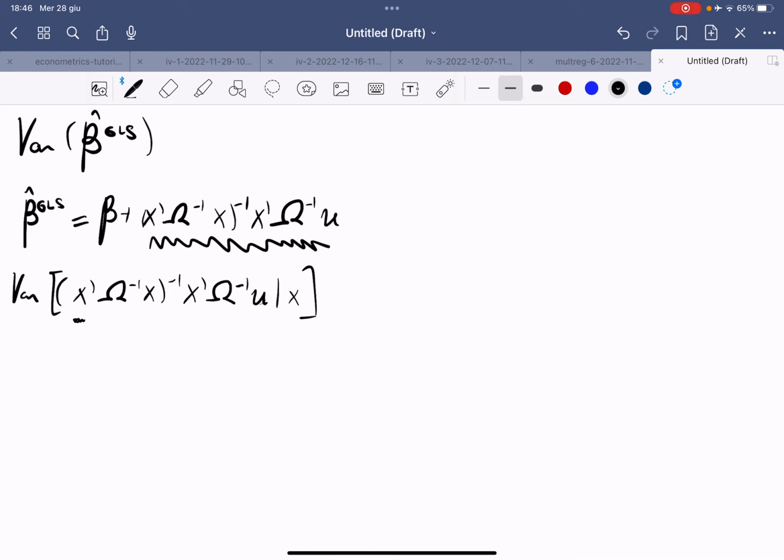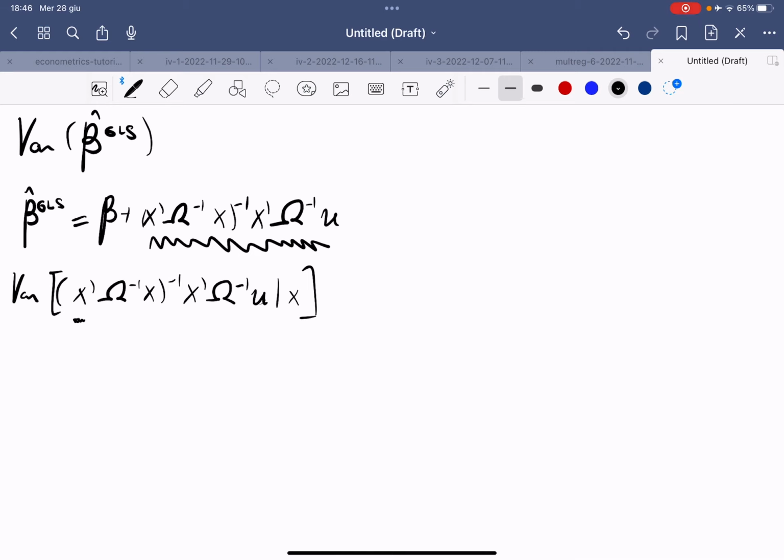The x because we are conditioning on x, and the omega because it is a constant. So then we are left with the variance of the residuals. We compute that this is equal to the square of this, so we pre-multiply and then post-multiply by the transpose, around the variance of u.